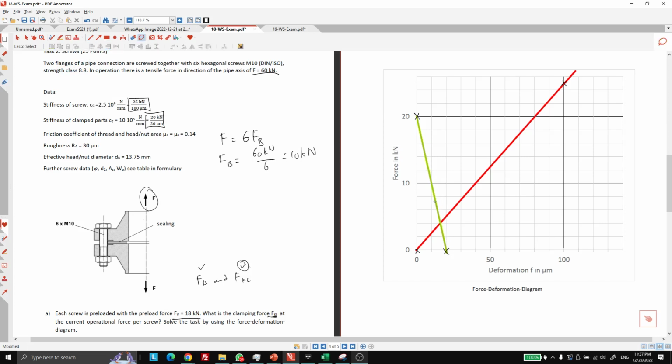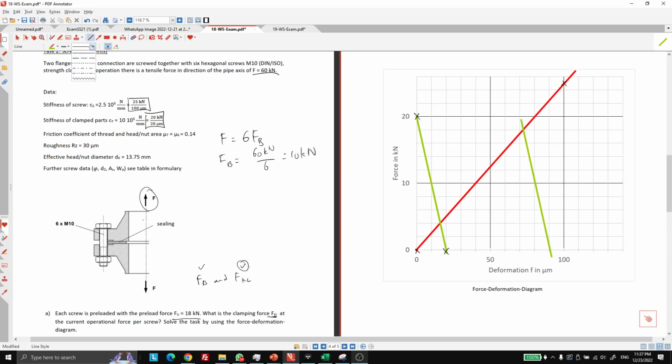This green line has to be moved in such a way that they are intersecting at F3 equals 18 kilonewtons. So we have to find where 18 is, and somewhere around here will be it.